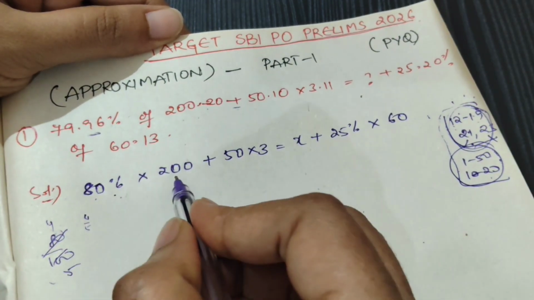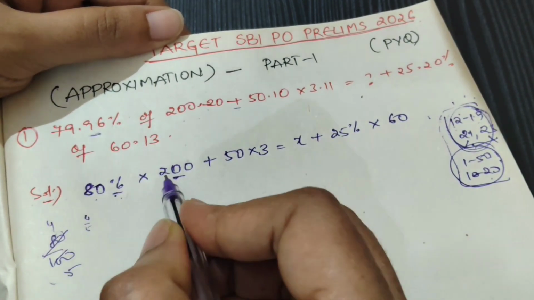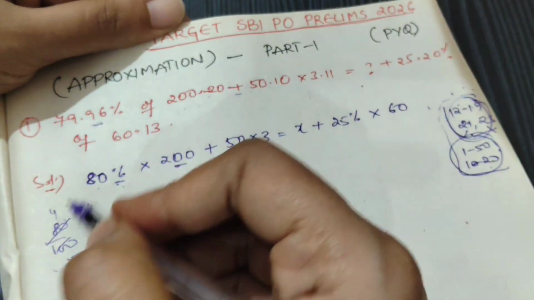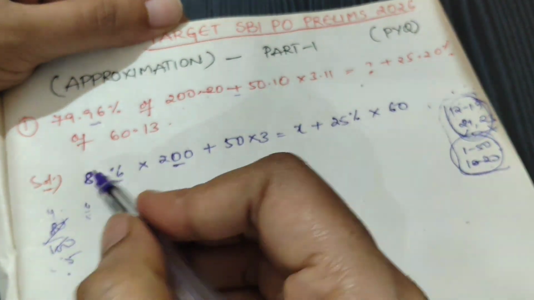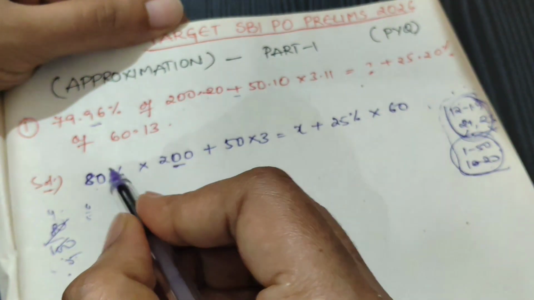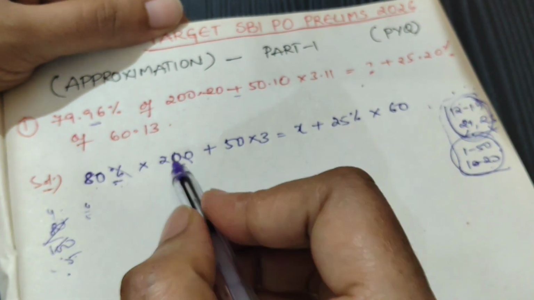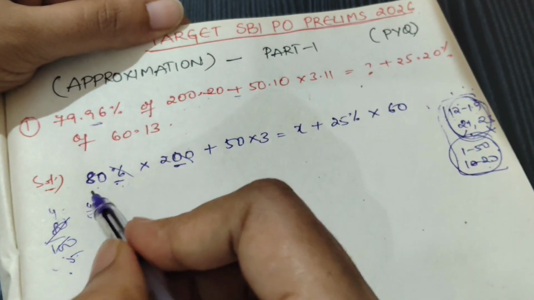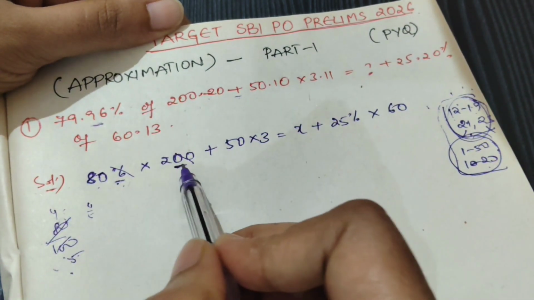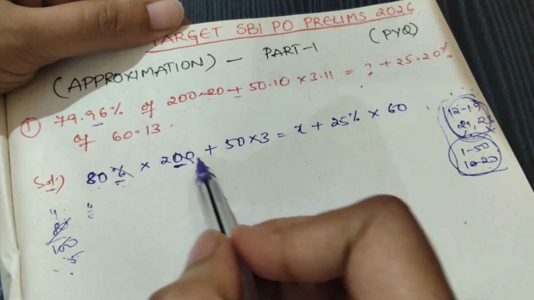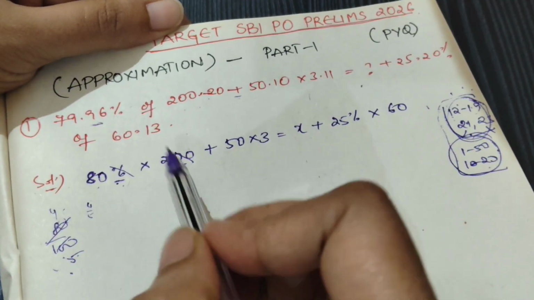But whenever you see the next number with 2 zeros, don't write 80 by 100 or 4 by 5. Try to cancel the percent's 2 zeros against the number's 2 zeros, and again don't write the fraction.